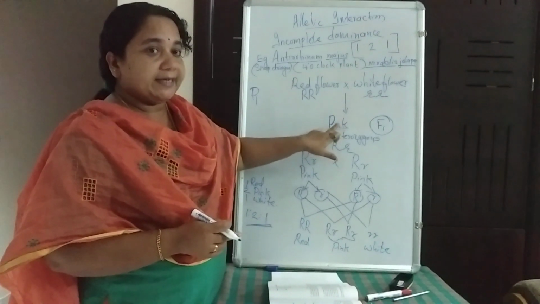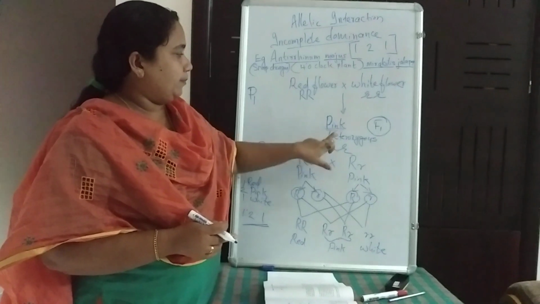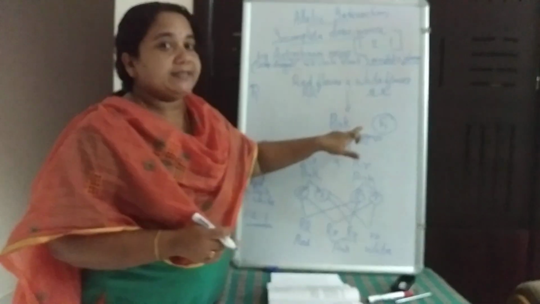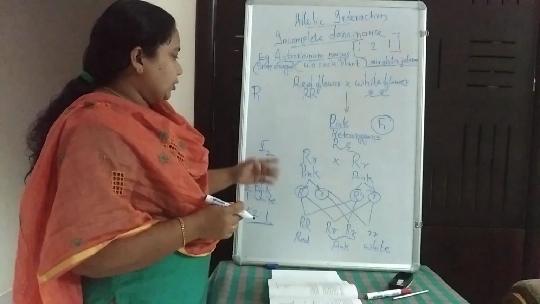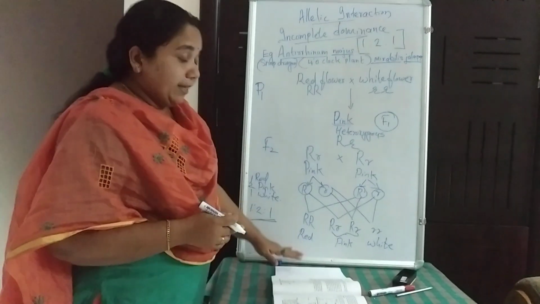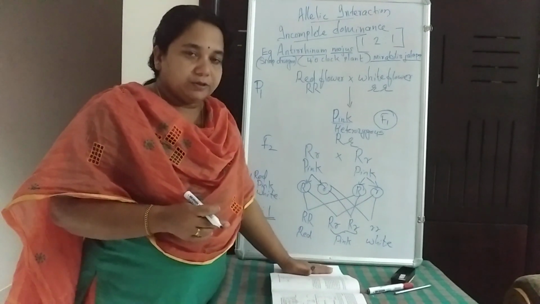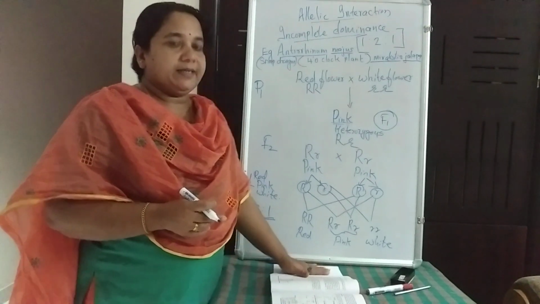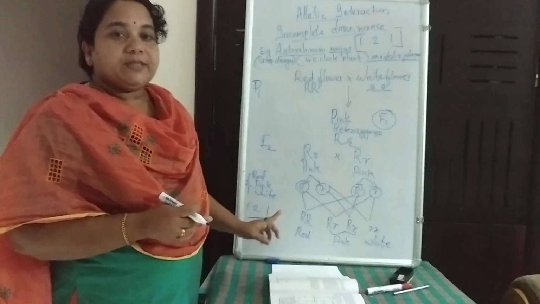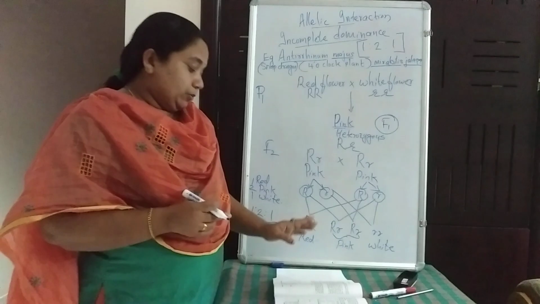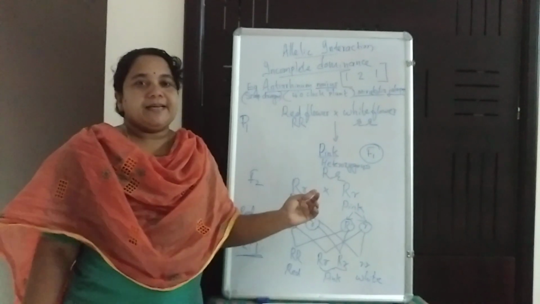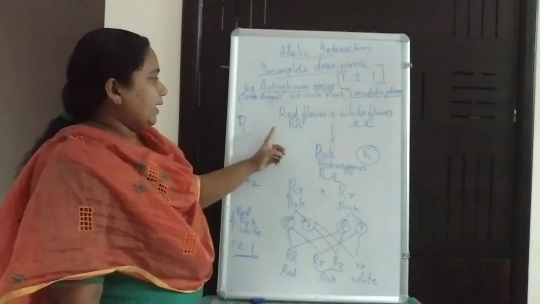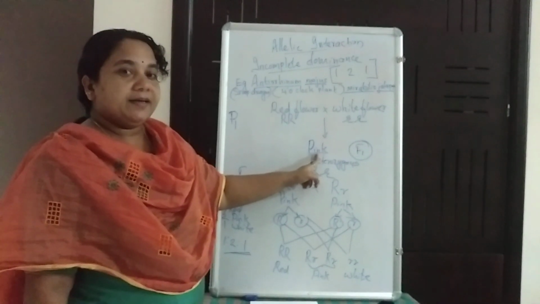When they crossed two such pink progeny to raise the F2, they identified that in the F2 generation the progeny are in the ratio 1:2:1.